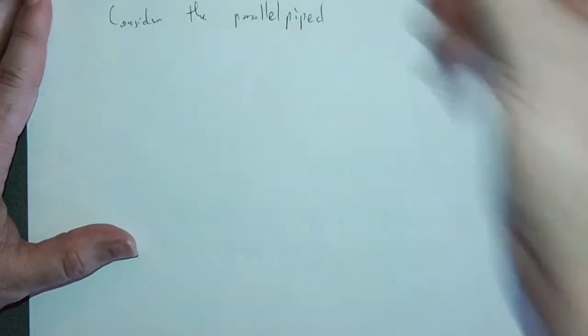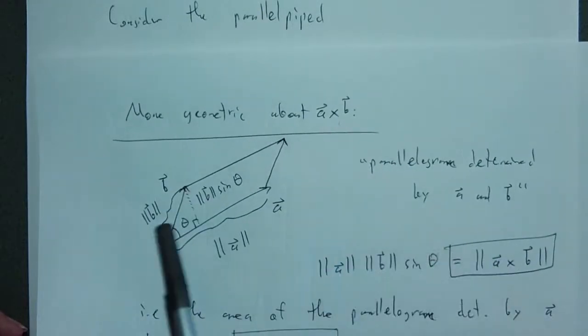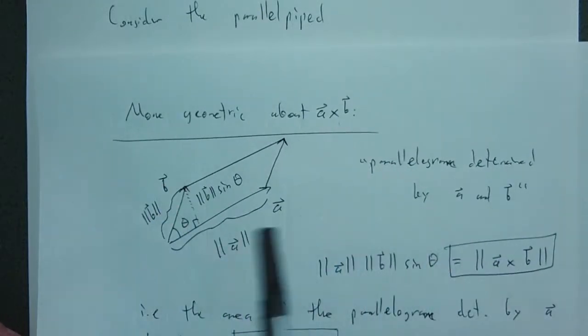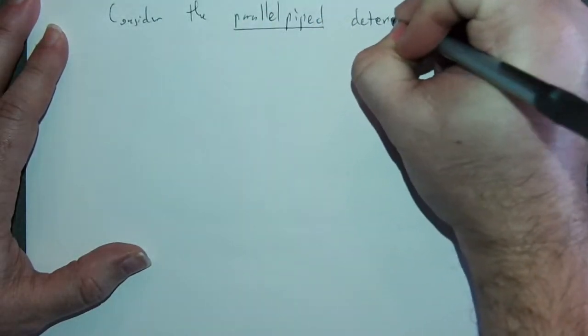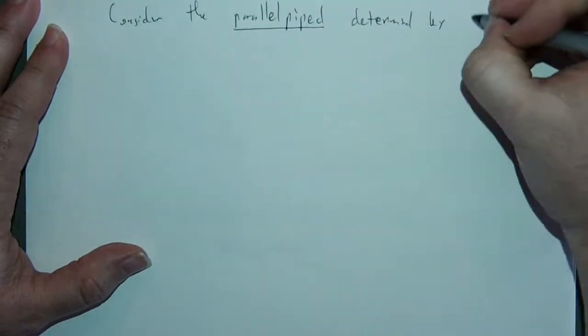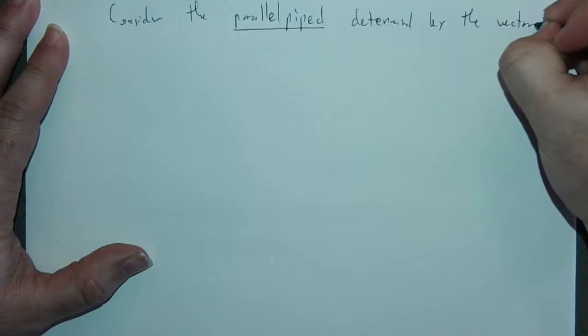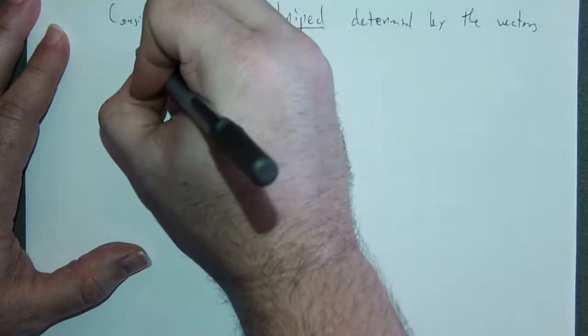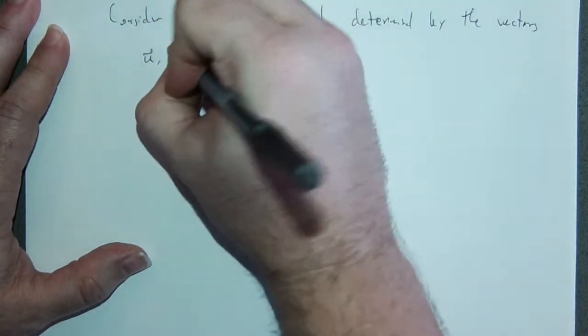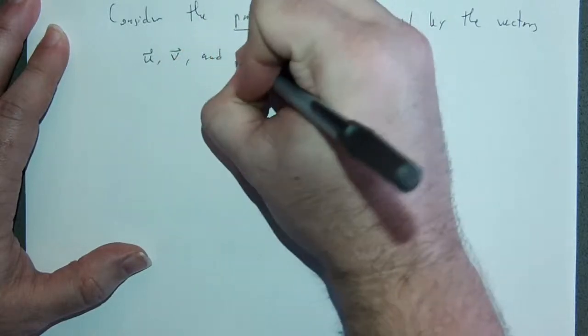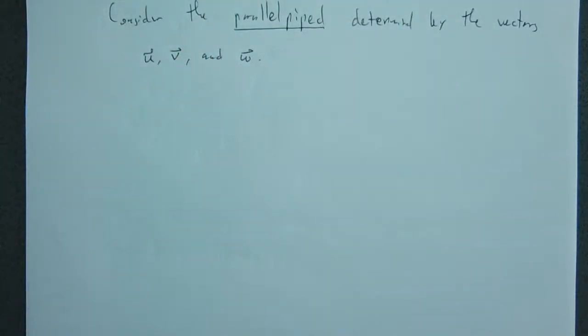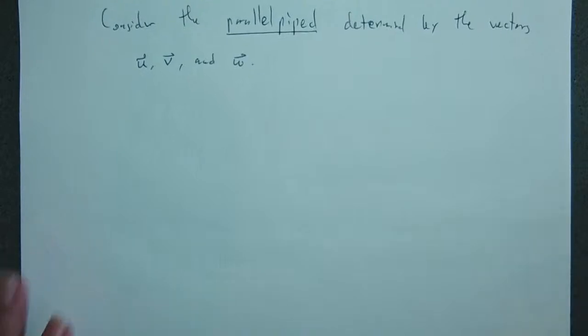the parallelepiped. So our previous example was in the plane. Our vectors A and B were in the plane, right? We talked about the parallelogram determined by them. So consider a three-dimensional analog of a parallelogram, the parallelepiped determined by the vectors, we'll say U, V, and W. What is the parallelepiped determined by three vectors?